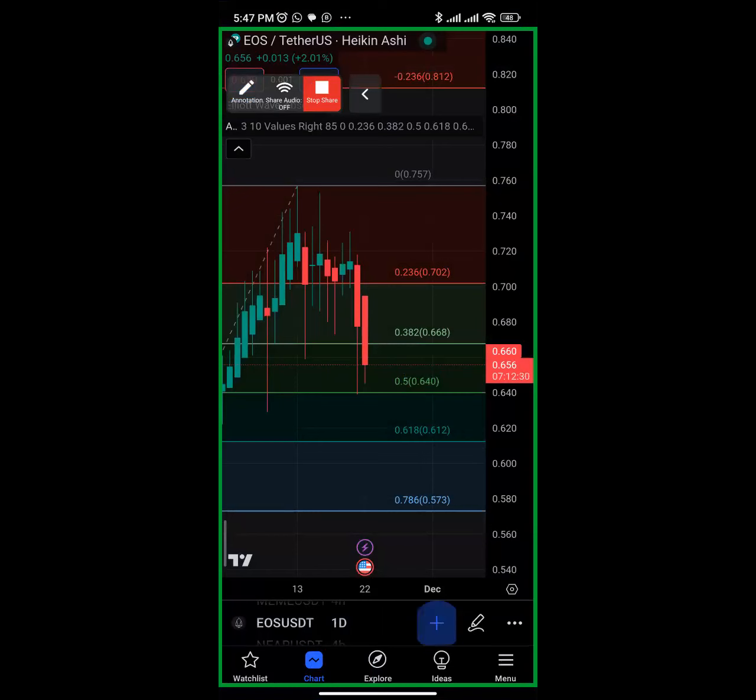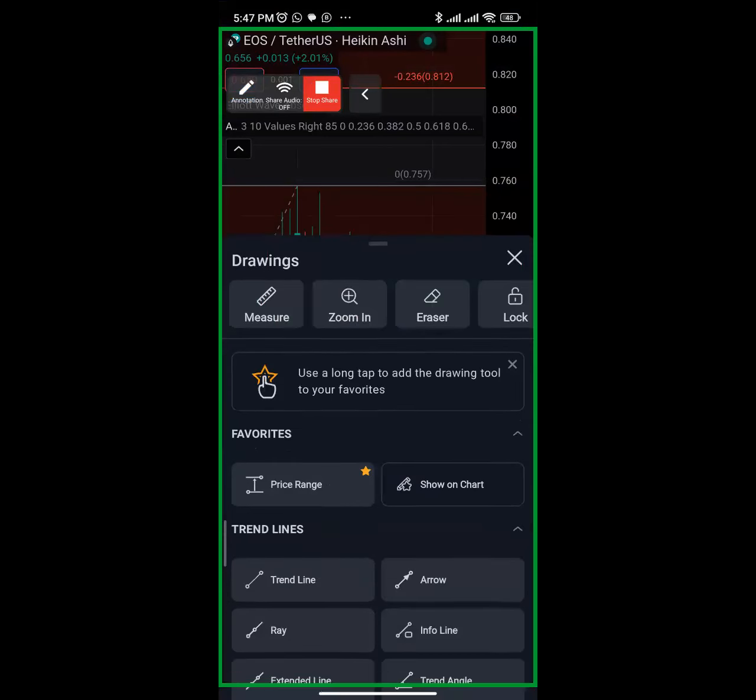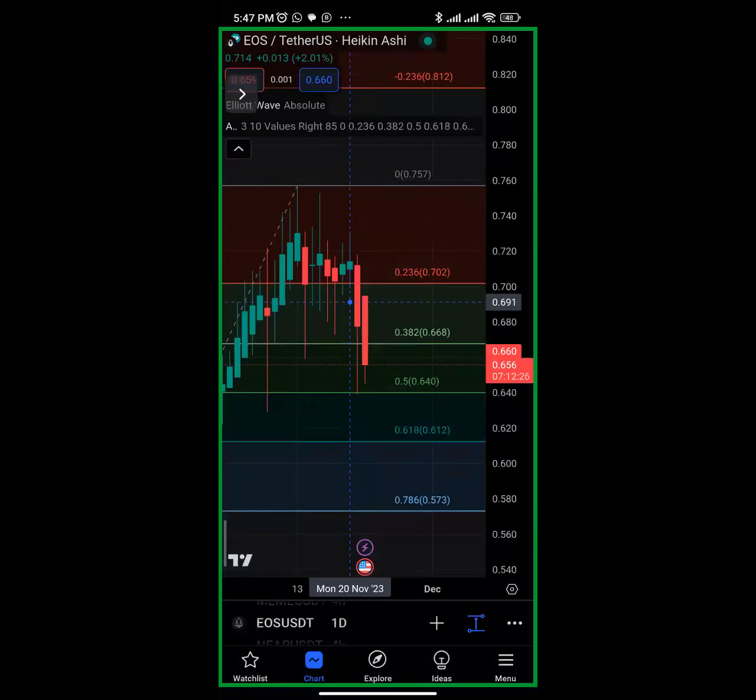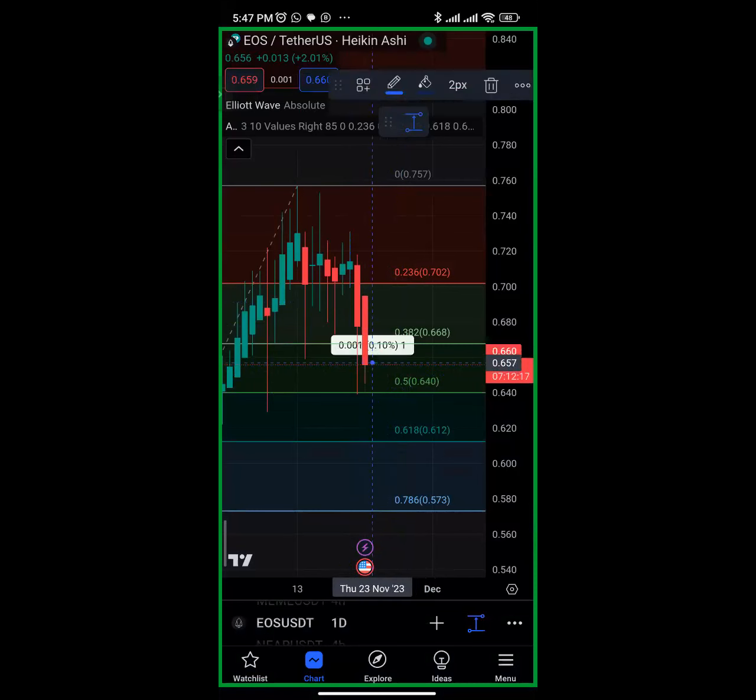I will just do this. I will take my price range, then I come to the market. See where the market is.